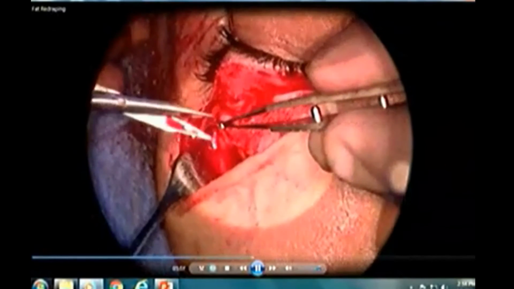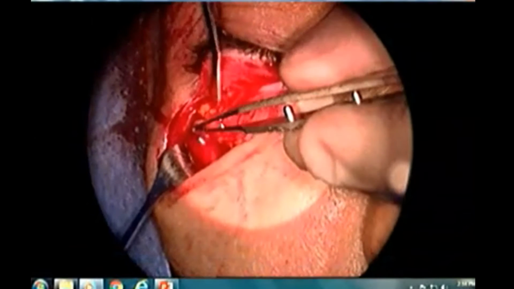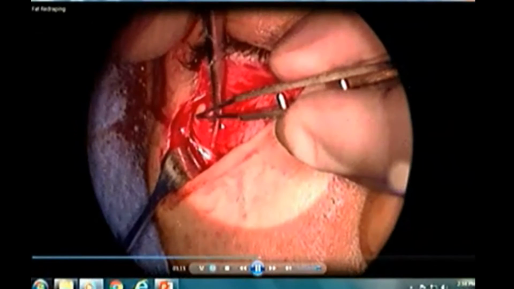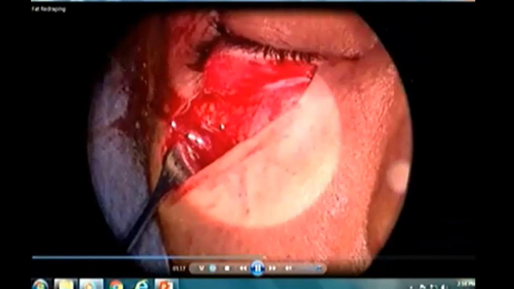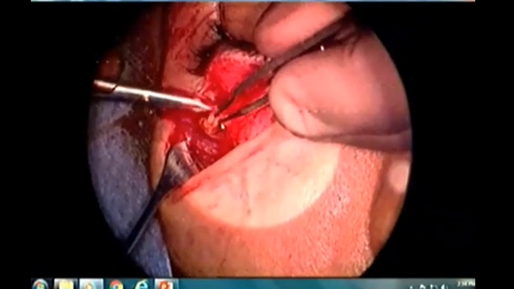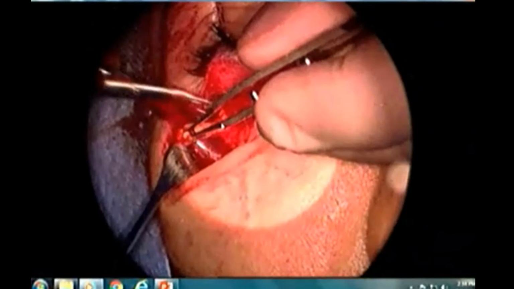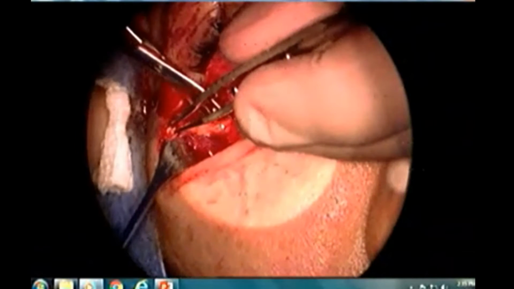For the lateral fat pad, usually I remove it because if you transpose it, it will not really appear well after surgery, so it will be more bulging. So we just excise the prolapsed part. I'm a little bit of a bloody surgeon, so I'm sorry for this. I don't use much cautery.